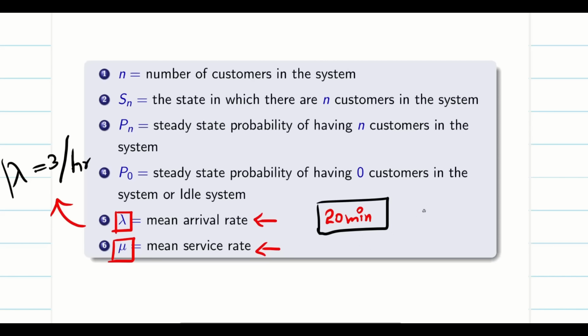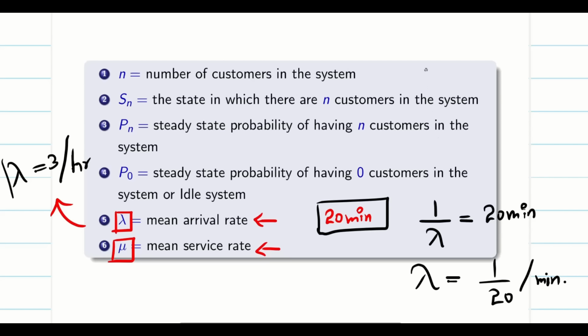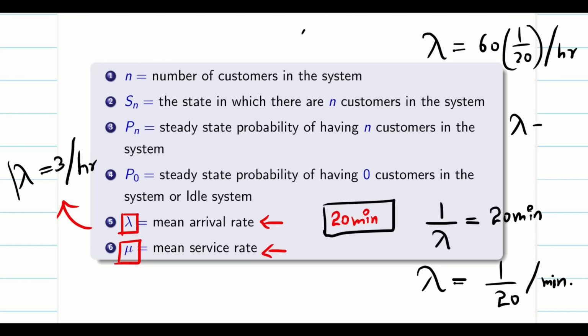So what we have to see, you have to open your eyes. If the inter-arrival time is given, I have to take it as 1 by lambda. So 1 by lambda is equal to 20 minutes, and lambda is equal to 1 by 20 per minute. Now if I convert this into hours, lambda is 60 into 1 by 20 per hour, so lambda is equal to 3 per hour.